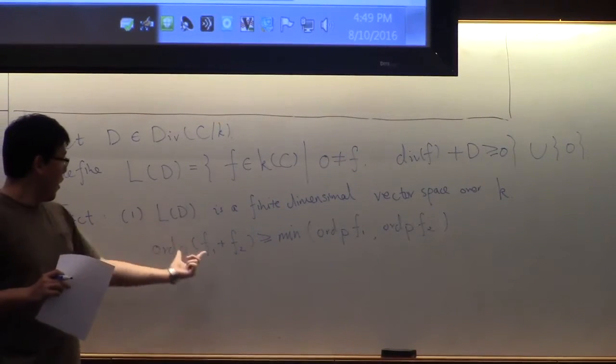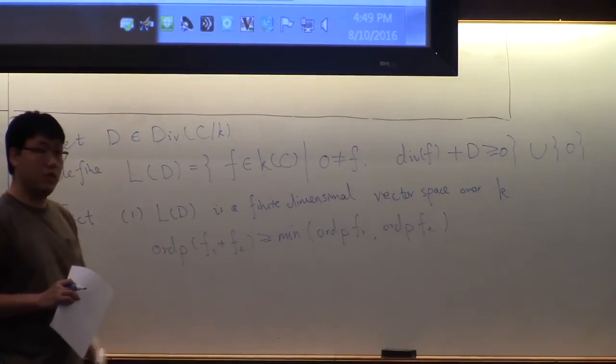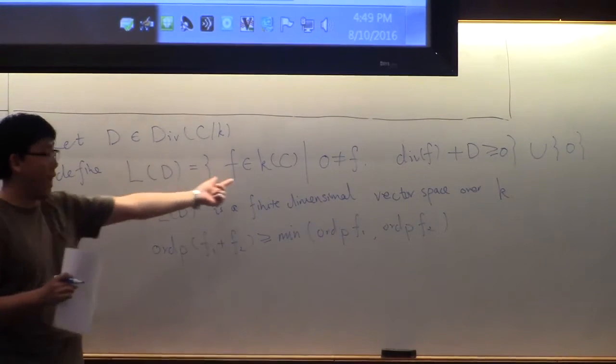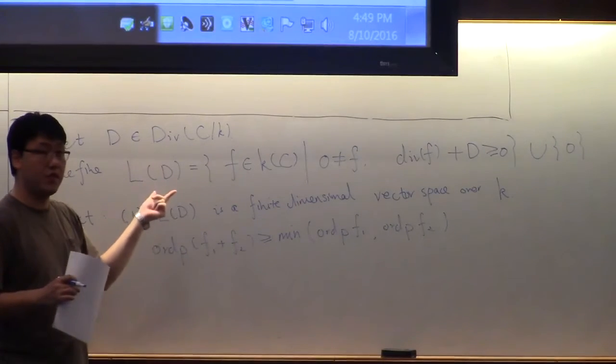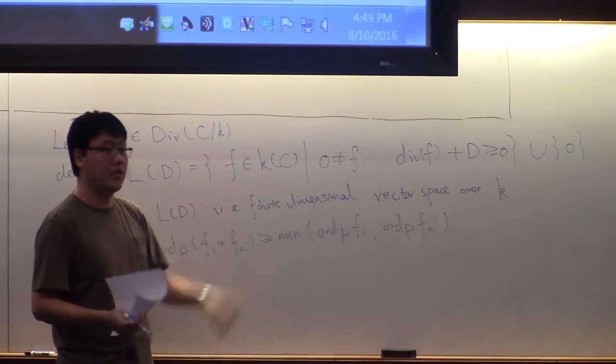So you can check this inequality by yourself, and based on it, you can show that if we have two functions from this set, their sum is still an element in this set.